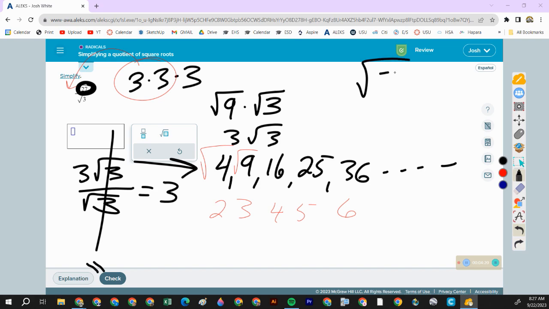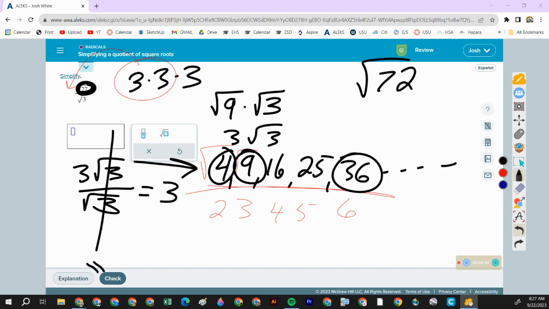What if I had the square root of 72? Do any of these go into 72? 4 does. Anything else? Not 16. 36 does, and 9 does. So which one do I want to use? Do I want to use 4 or 9 or 36? 36, the biggest one.